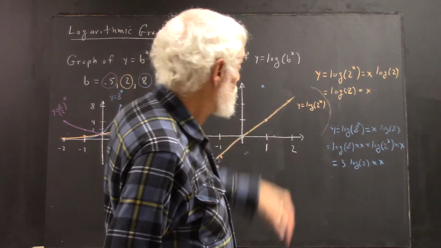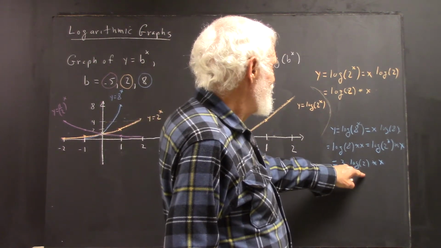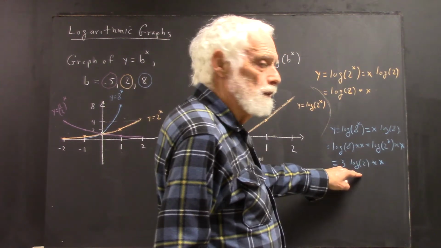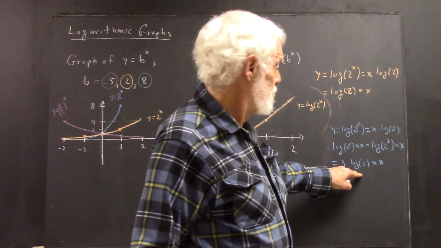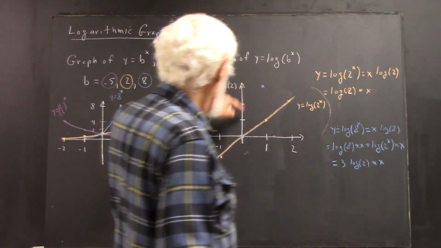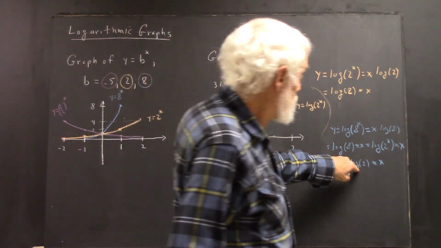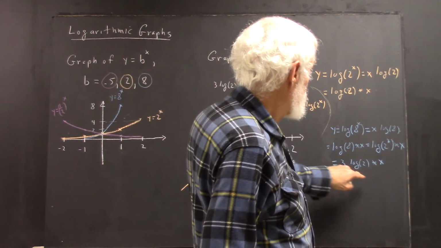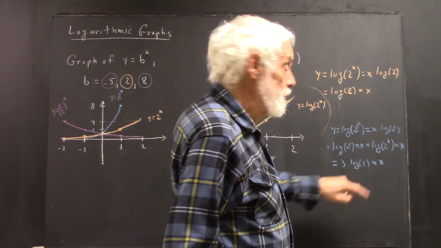Okay, so we understand that 3 log of 2 is just some number. It turns out to be very close to 0.9. But it's just some number. It's 3 times whatever number the log of 2 is. 3 log of 2 times x is then just some constant number times x, meaning that this graph is a straight line.